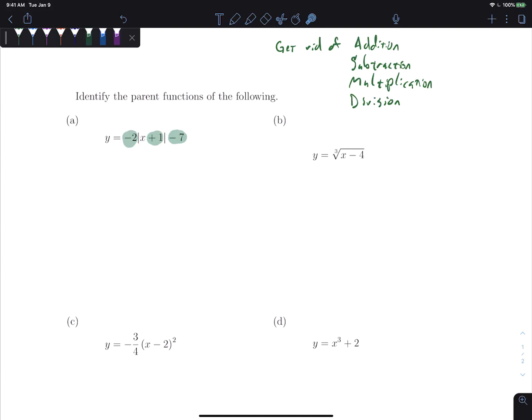All we're getting rid of is the plus 1, the -2, and the -7. What's not highlighted is what we're going to keep, which is just the absolute value of x. So this is the absolute value function. Now, notice that the parent function would look something like this.